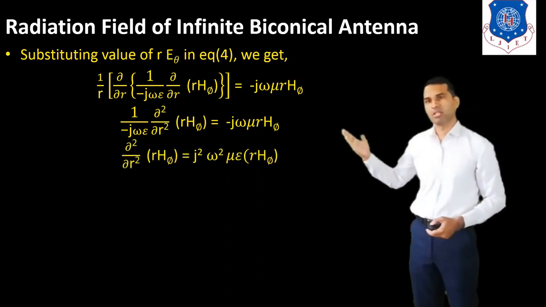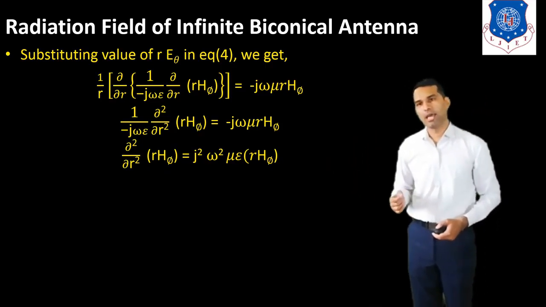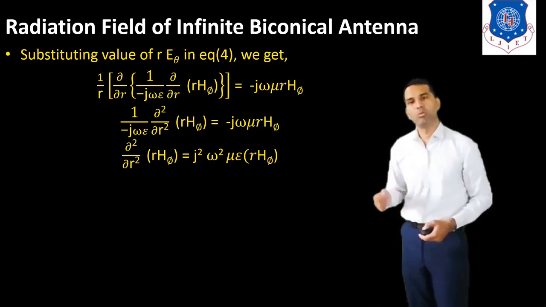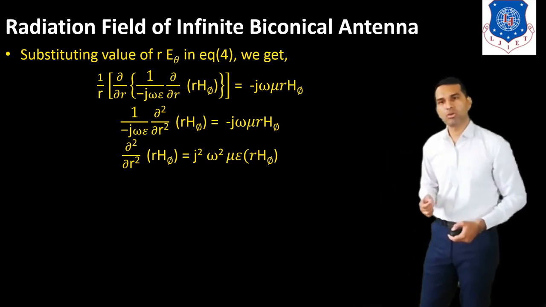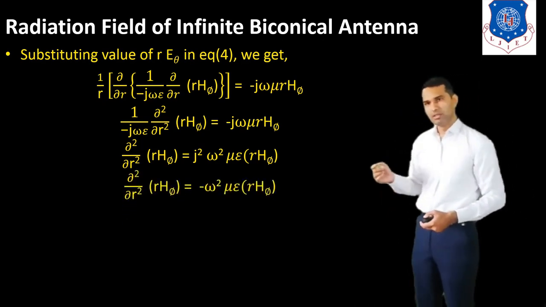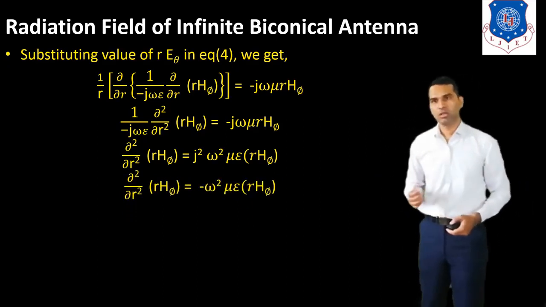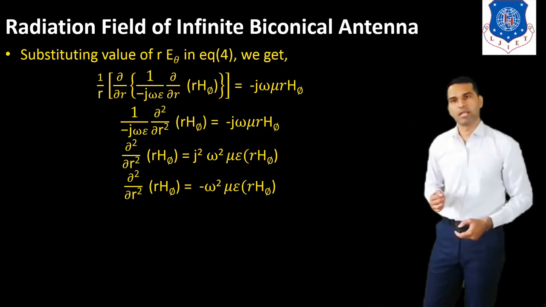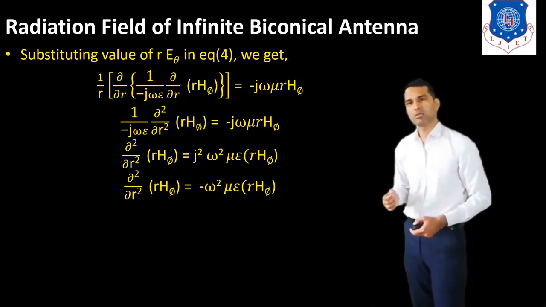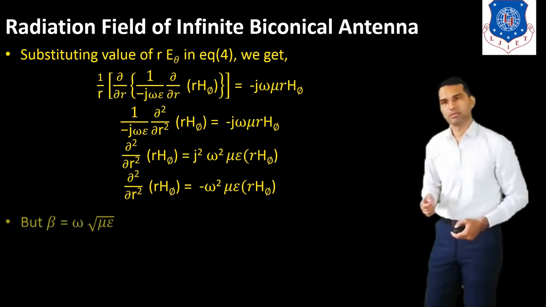Further simplifying, del square by del r square of (r H phi) is equal to j square omega square mu epsilon r H phi. We know that j square is nothing but minus 1, so we can write minus omega square mu epsilon r H phi.